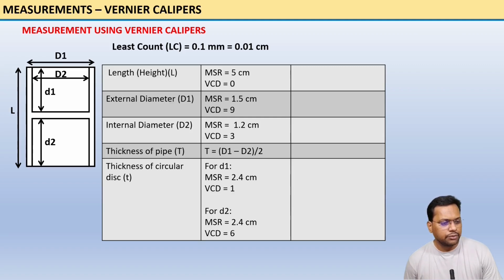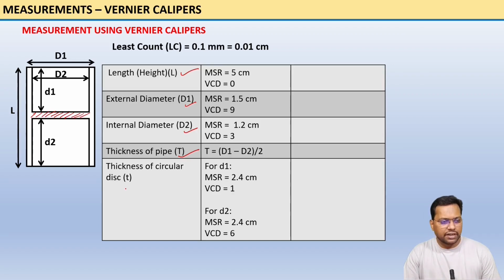And by using the depths, that is small d1 and small d2, we find this thickness, that is denoted by small t. So we have taken the measurements to find out the height of the pipe, external diameter, internal diameter, and then the thickness of the pipe, and then the thickness of the circular disc.